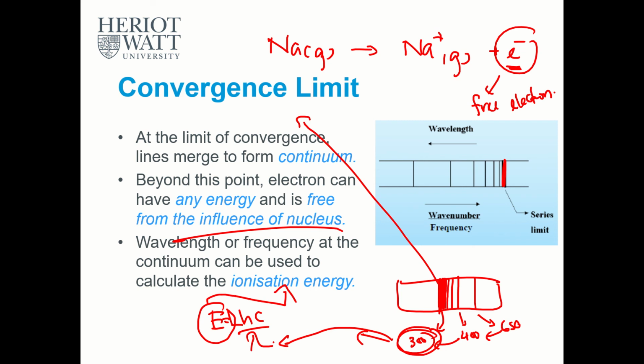So for the convergence limit, whatever wavelength, frequency, or wave number is given for that particular band here, the black band or red band, whatever, this wavelength is very useful because we can use it to calculate the energy, and this energy is equivalent to the ionization energy. That's the use of the convergence limit.